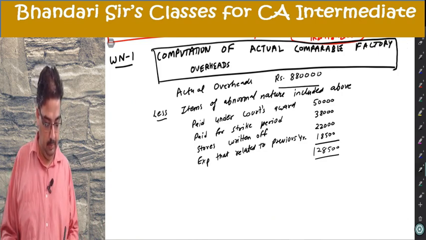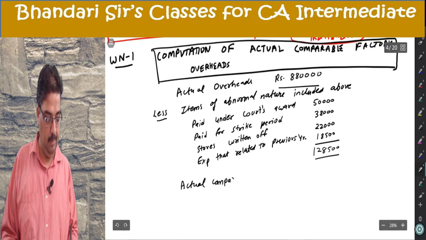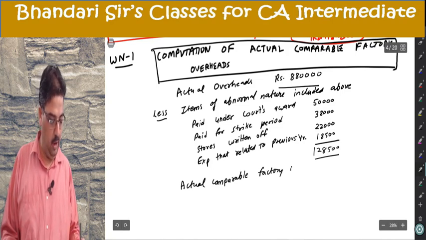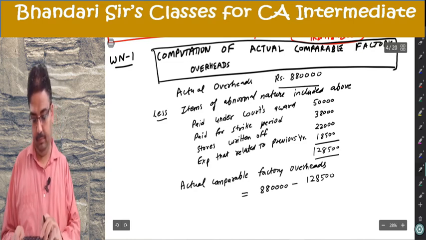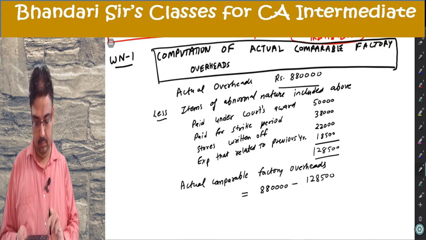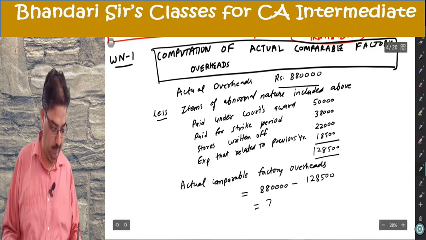Once I deduct that, actual comparable factory overheads is equal to 8,80,000 minus 1,28,500. What I am getting is 7,51,500.